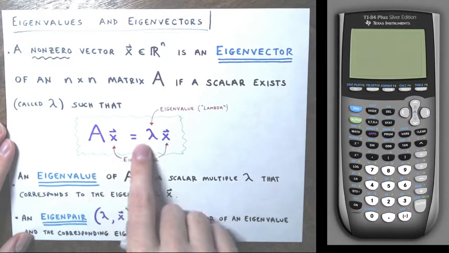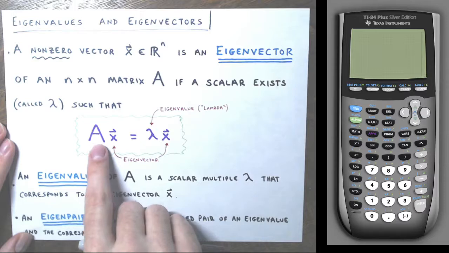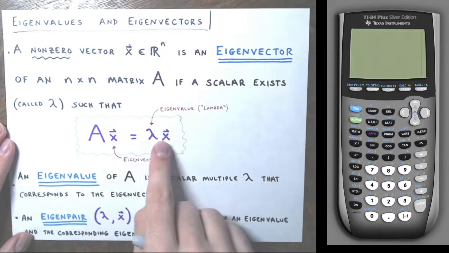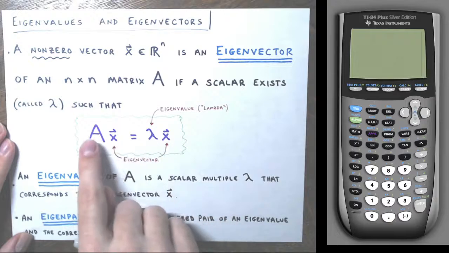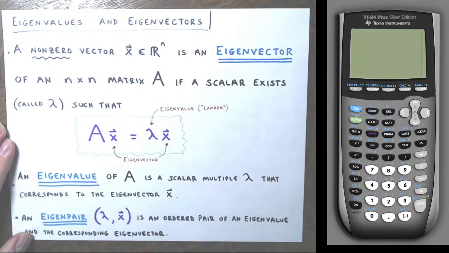So if I'm given a matrix A, and I can find a vector x and a value lambda that make this true, then x is an eigenvector and lambda is an eigenvalue corresponding to the eigenvector x.